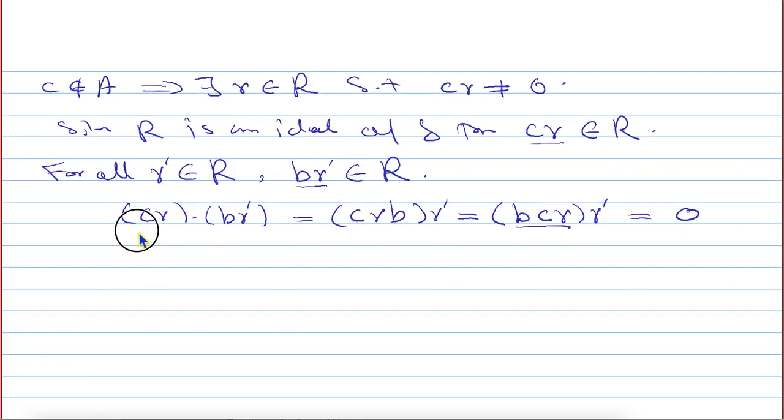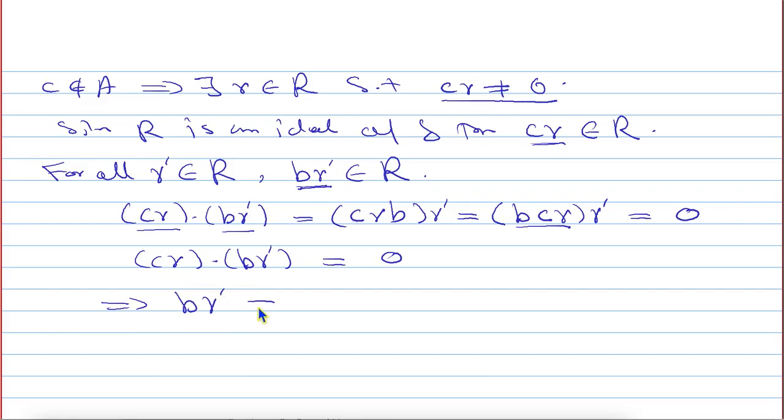Now both Cr and Br prime are elements of R. Therefore, their product must be in R. And we stated in the theorem that R is with no 0 divisors. And since this product equals 0, then one of the two elements must be 0. We have already shown that Cr cannot be 0, and therefore we must have Br prime equal 0.